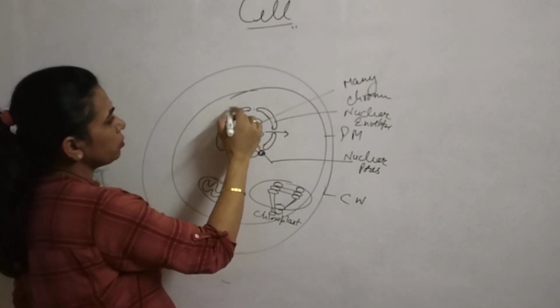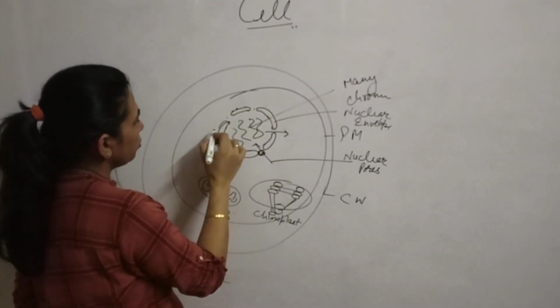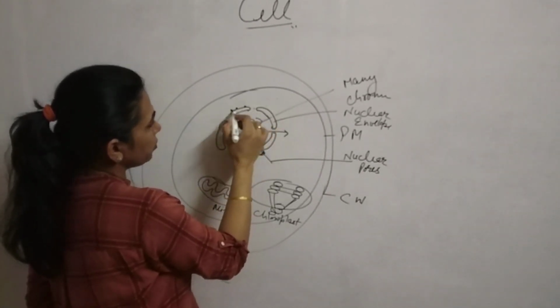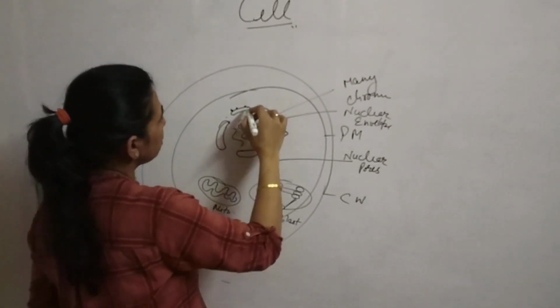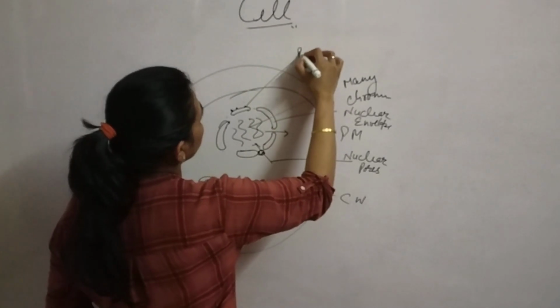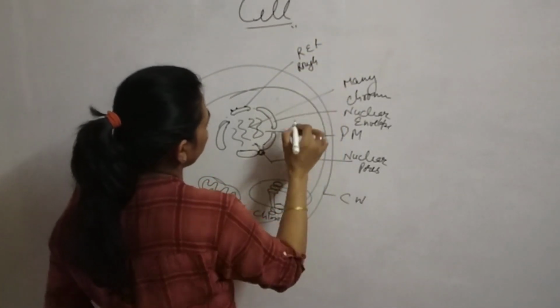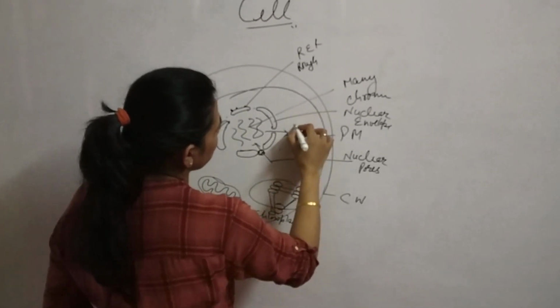And in continuation there are two types of ribosomes. One is attached on this membrane, rough endoplasmic reticulum, and the other are present independently.